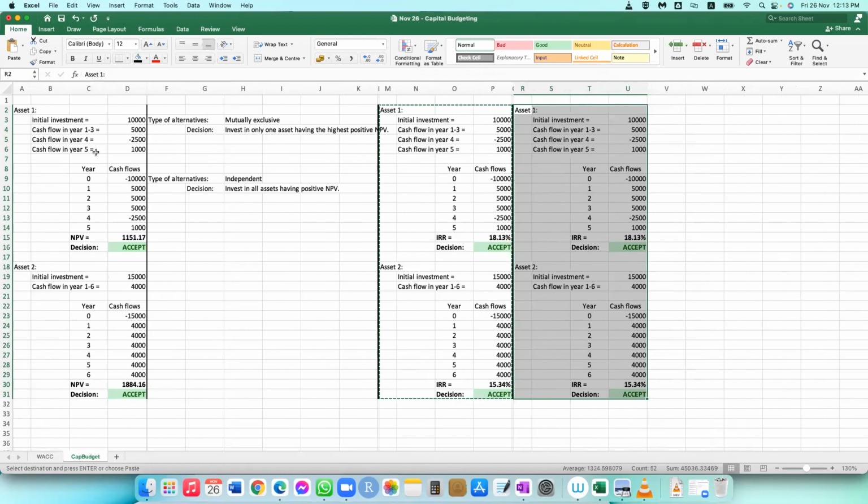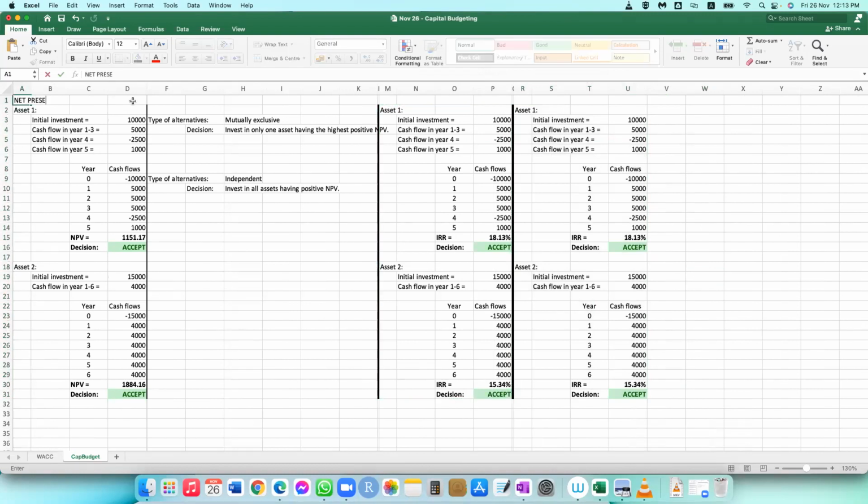Okay, so let us write down the headings as well. Net present value or NPV.